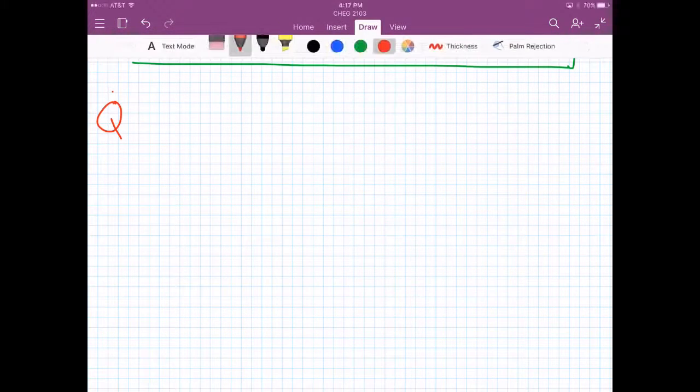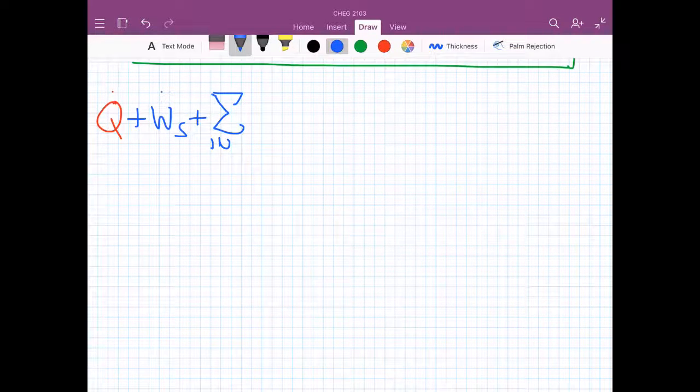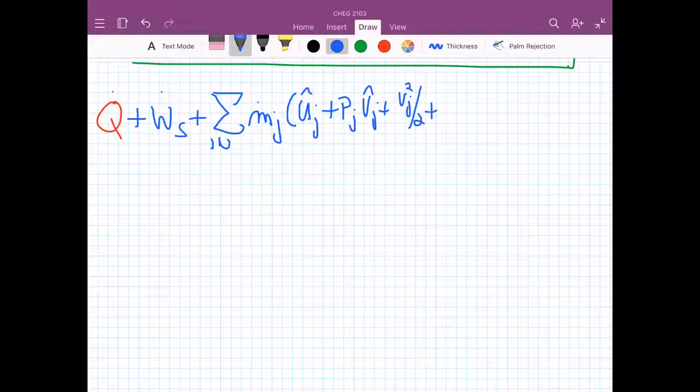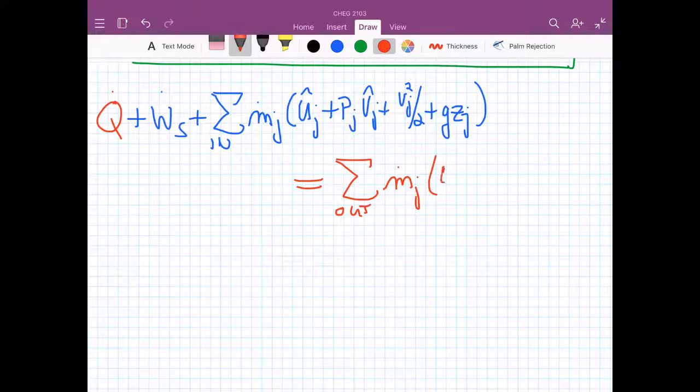Q plus shaft work now, because I've broken out flow work, plus the sum over all of the inlet streams of m dot j times specific internal energy plus pj vj plus v squared j over 2 plus g zj, has to be equal to the sum on the outlet side of m dot j times uj plus pj vj plus velocity squared of stream j over 2 plus g z.